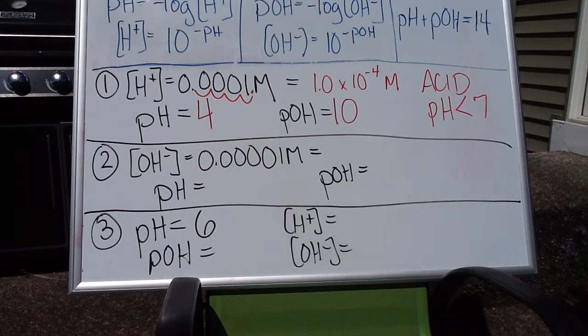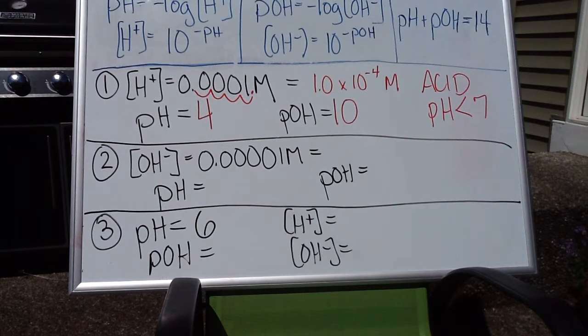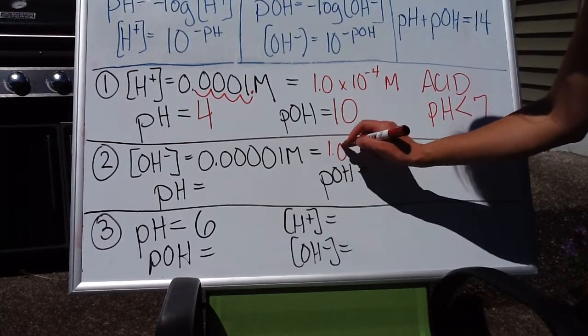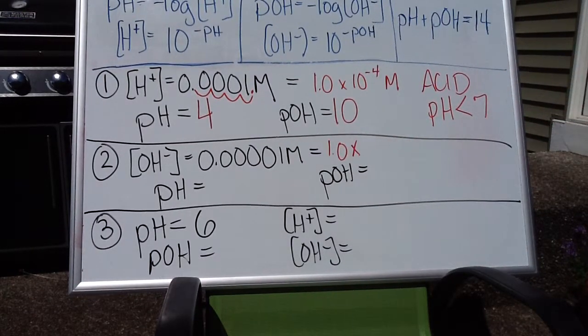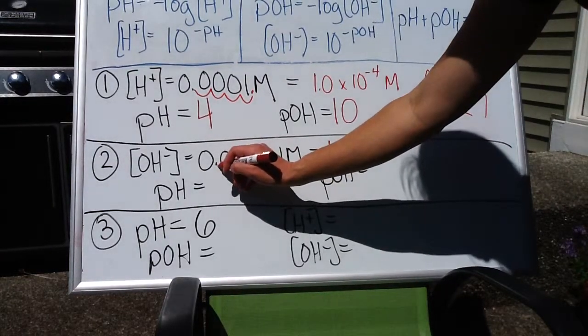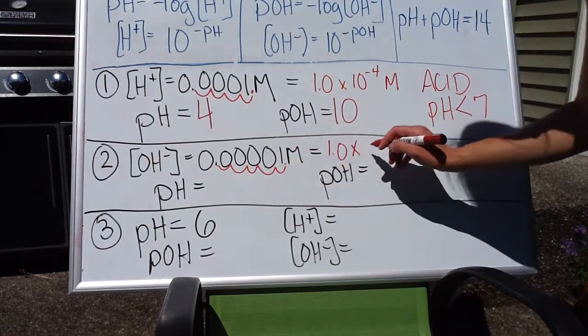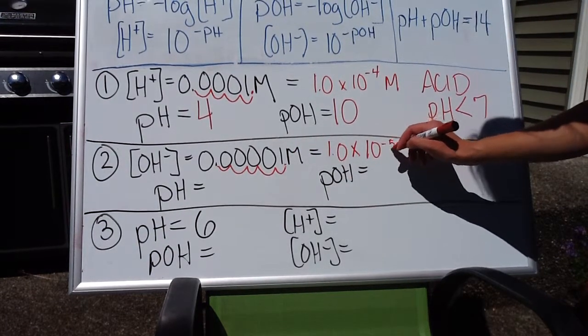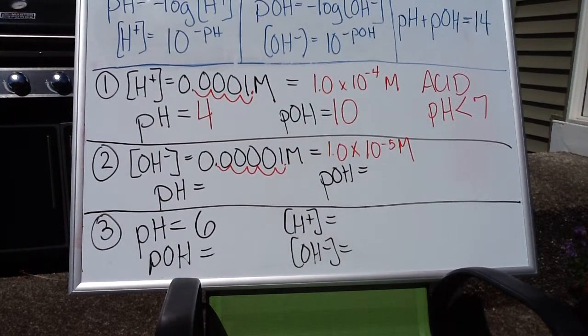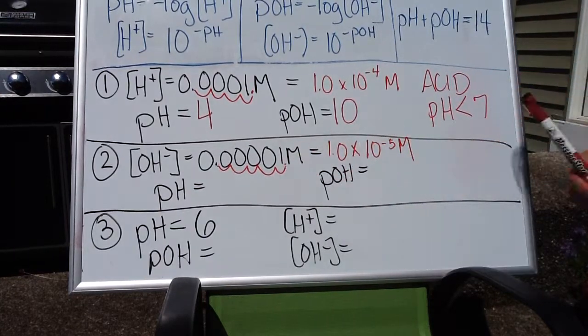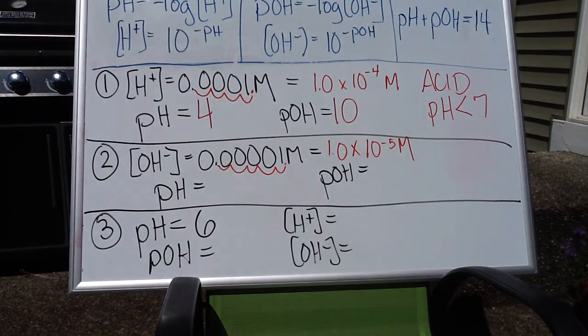Here's another scenario in which we're given the hydroxide ion concentration rather than the hydrogen ion concentration. I'm going to do the same thing. I'm going to take my standard notation value here, and I'm going to convert it to scientific notation. So I'm going to take this decimal point and go 1, 2, 3, 4, 5, with 5 spots over. That means that in scientific notation, this value is 1 times 10 to the negative 5th.